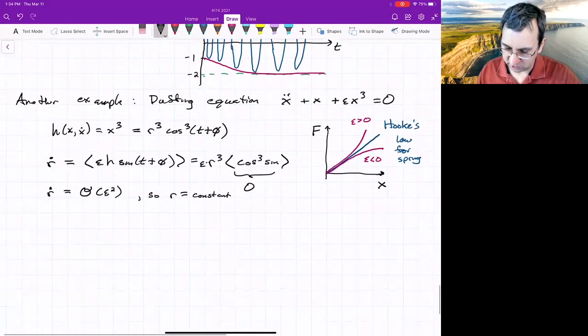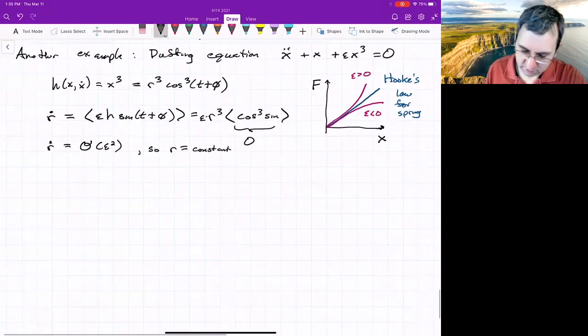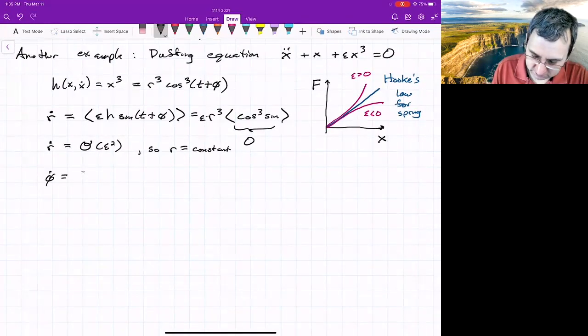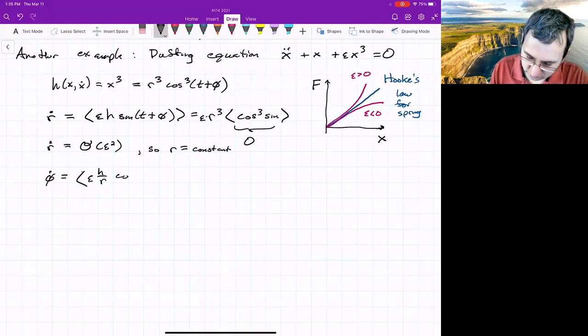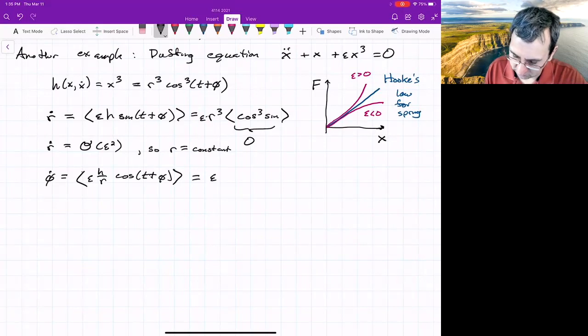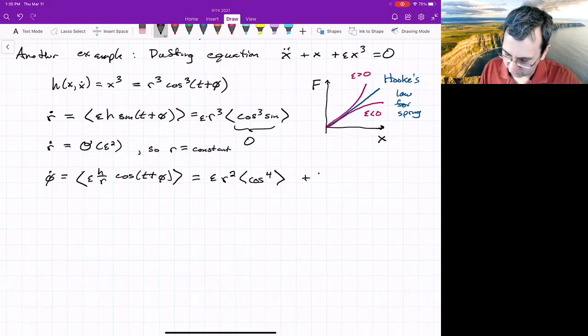If we do the same thing for the phase of the Duffing equation, that's epsilon h over R times cosine t plus phi. This becomes epsilon r squared cosine to the 4th plus terms of order epsilon squared.